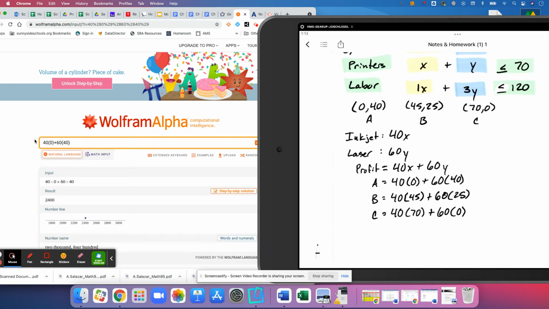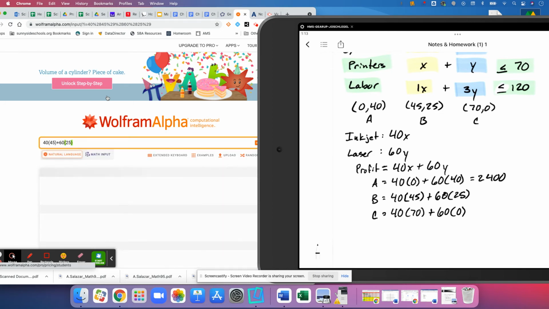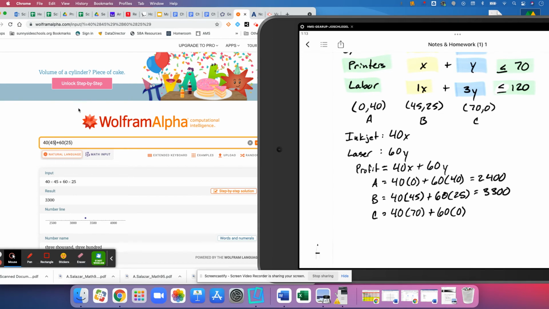And so we've got $2,400 for option A. Option B is 45 and 25. So that is $3,300, so $900 better if we went that route. And then 70 and 0. And so 2,800 if we went to that route.